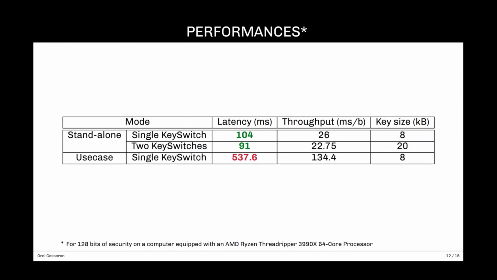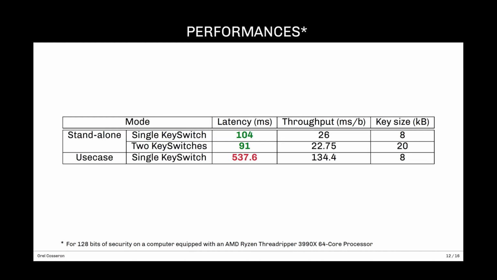The timing doesn't mean much because it depends on what computer and hardware you're going to use. But what you can see is that if you use Elizabeth with a use case, then the timing is multiplied by a factor 5, and it comes from the fact that the parameters of the use case are going to be much bigger than the parameters of Elizabeth.